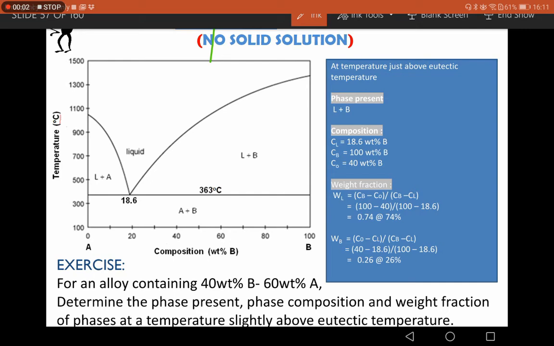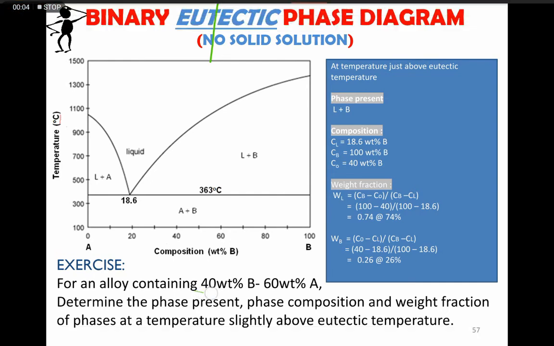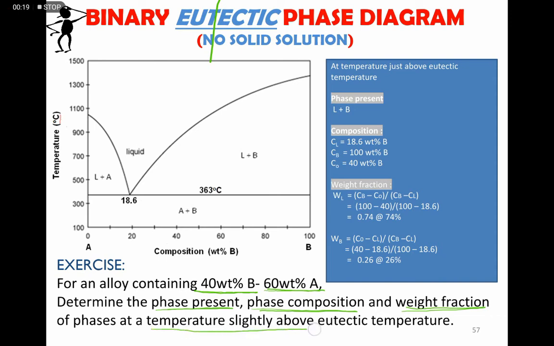Exercise. For an alloy containing 40% B, 60% A, determine the phases present, phase composition, and weight fraction of phases at a temperature slightly above the eutectic temperature. So, make a straight line at 40% B. Why B?